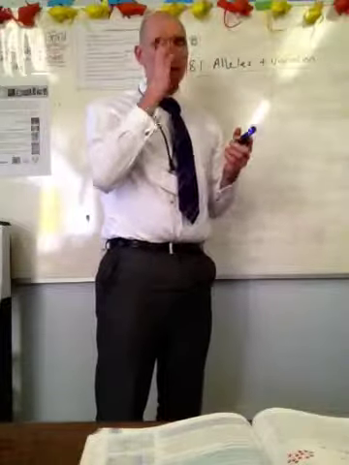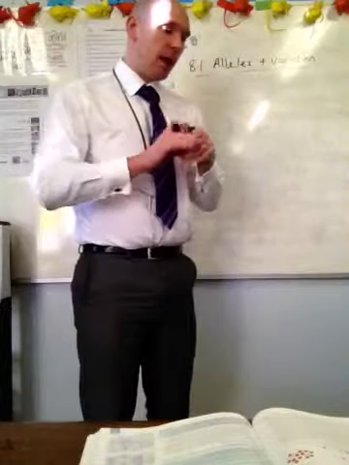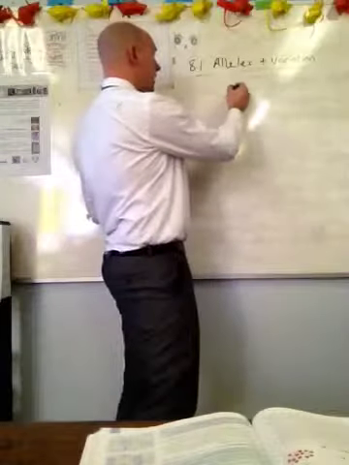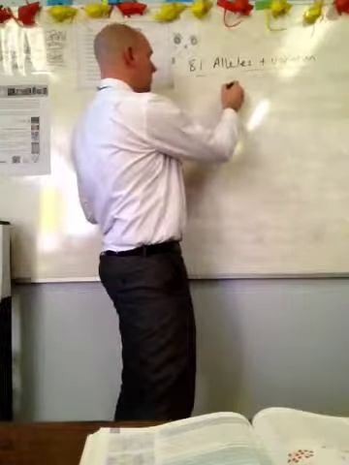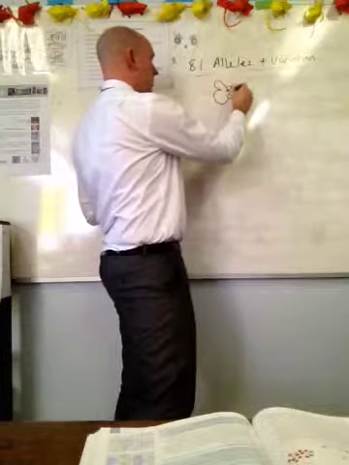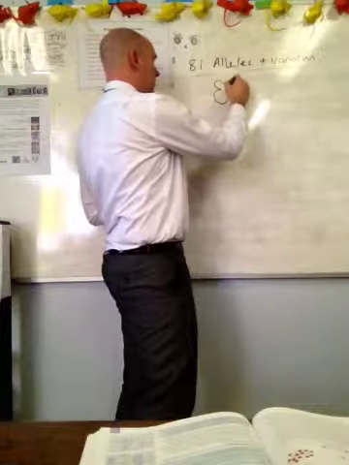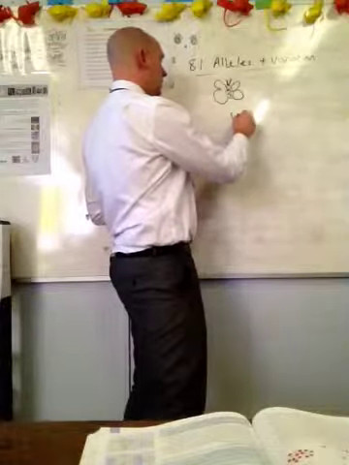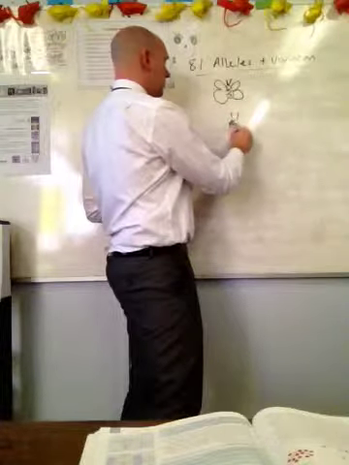So we were talking about the peppered moth then, and we've got the idea that there's these two varieties of it. We've got a light coloured one, and we've got a dark coloured one.